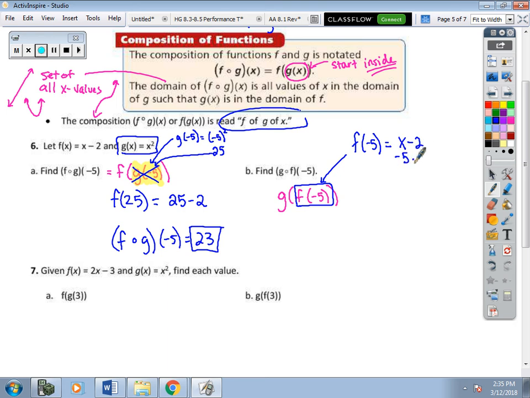So negative 5 minus 2 gets me negative 7. So we take that negative 7, plug it back in to make it g of negative 7. Now we go to our g of x function, which is x squared, and we'll substitute in negative 7 for x. Negative 7 squared is a positive 49.